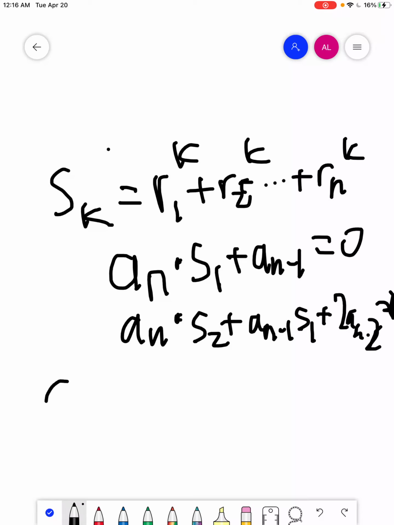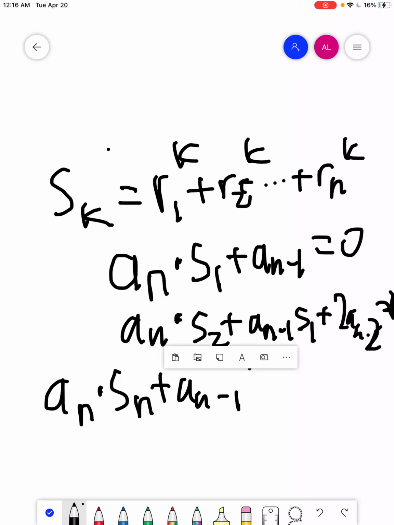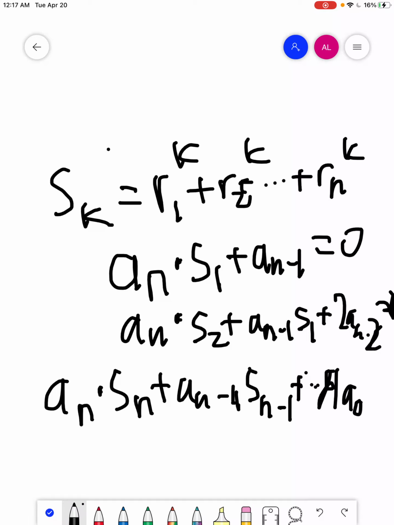The general form of this is an times sn plus an minus 1 times sn minus 1 plus all the way down to n a naught, sorry, is equal to 0 for general form.